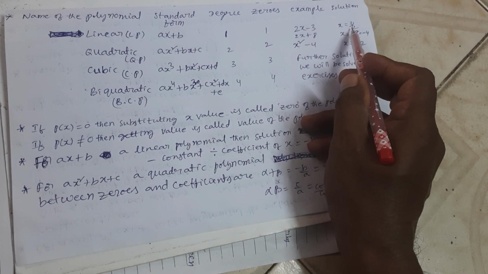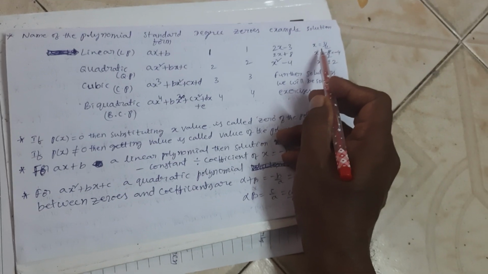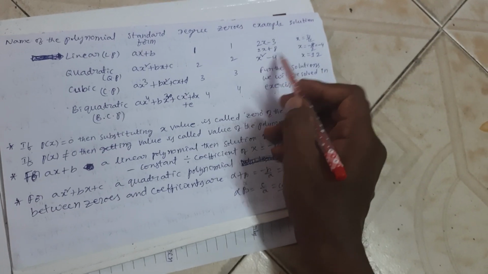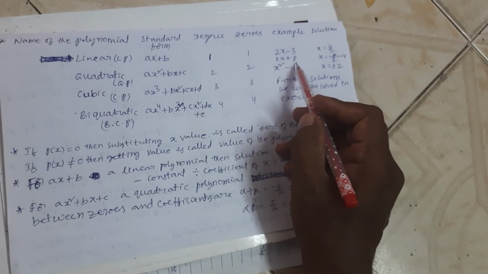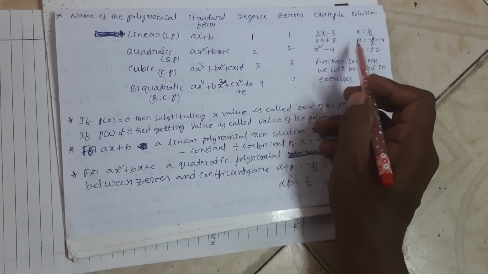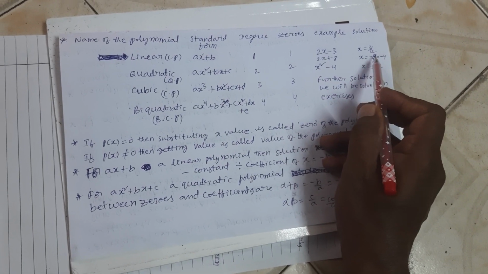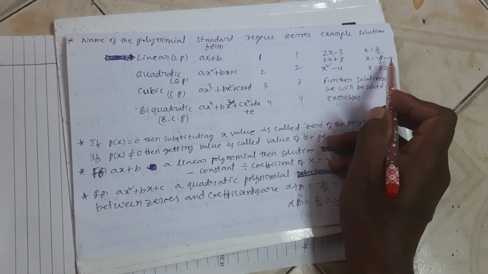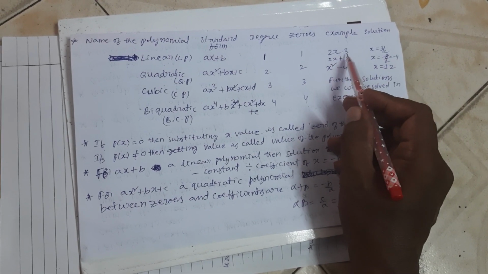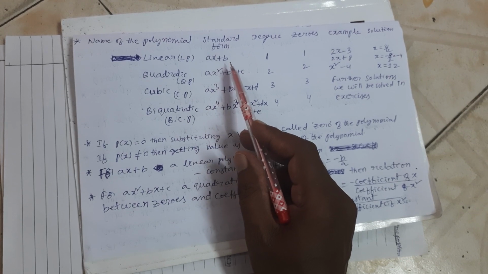I am not solving in detail, just showing directly because these are very small numbers. Next, 2x plus 8 equal to 0. Then 2x is equal to minus 8, x is equal to minus 8 by 2, that means 2 fours are 8, so minus 4. Either plus or minus will be present, but the standard form is represented as ax plus b only.